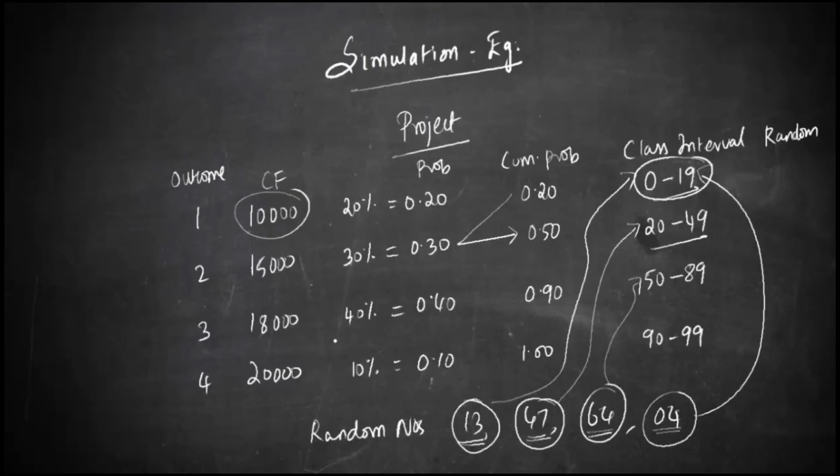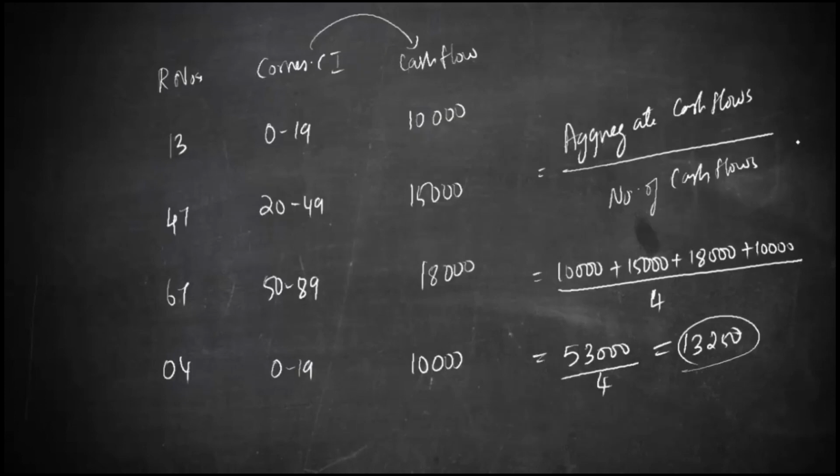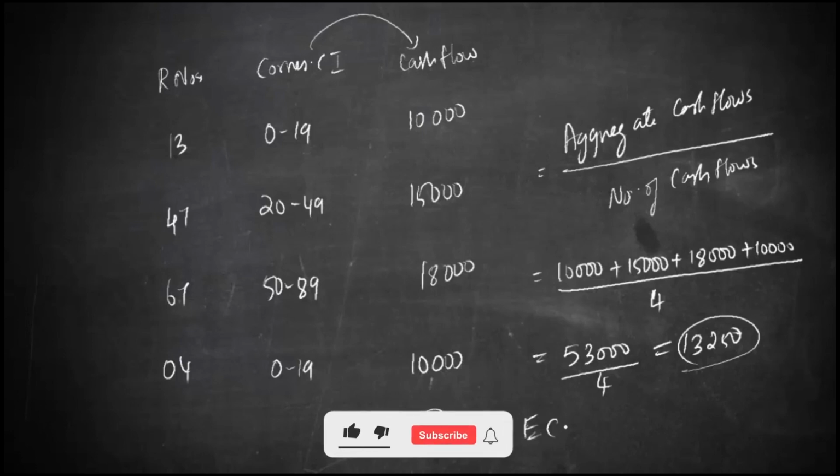Now you have applied a simulation technique by developing the probability distribution, followed by cumulative probability and random class interval. Then you generated some random numbers, applied them, and got a final value. Now the cash flow is assumed to be 13,250. So your possible expected cash flow is 13,250.